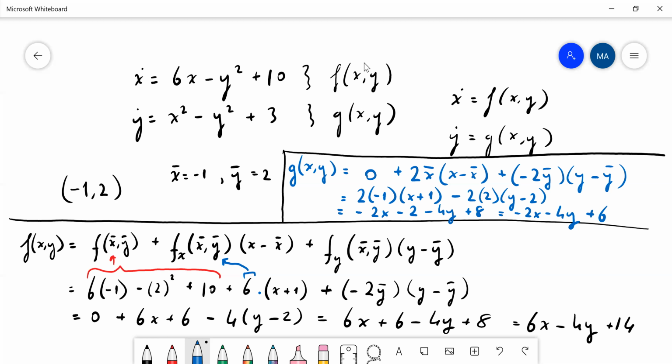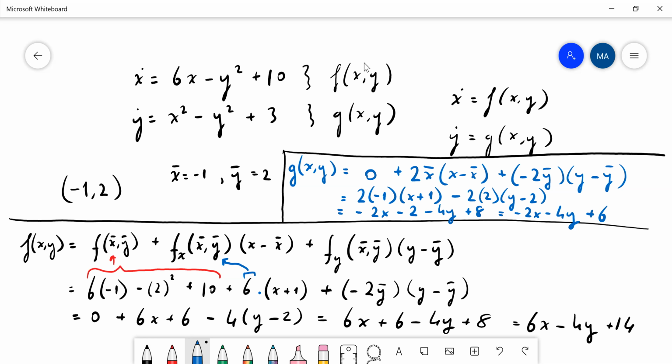Then y minus y bar. So I have 2 times minus 1, x plus 1. That's correct. I have minus 2 here. And y bar is 2. So it is minus 4. And then I have minus 2. So minus 2x minus 2 minus 4y plus 8. Yeah, that's correct. So that's it.